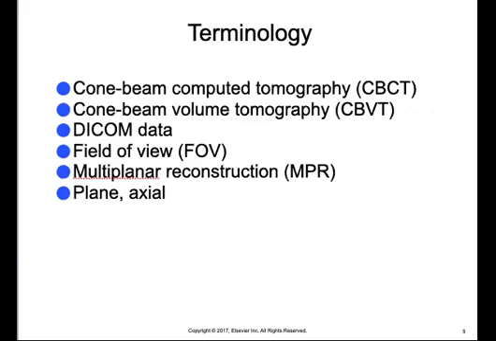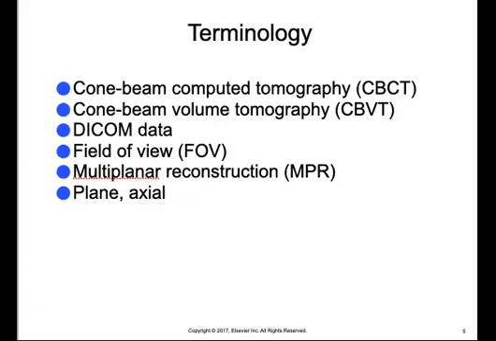Some of the terminology that we'll be going over includes cone beam computerized tomography, or CBCT, CBVT, which is cone beam volume tomography, something called DICOM data. We'll get to know what the field of vision, or FOV, is. Also what a multiplanar reconstruction, or MPR, image is.